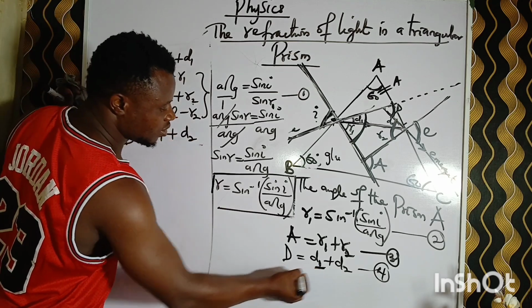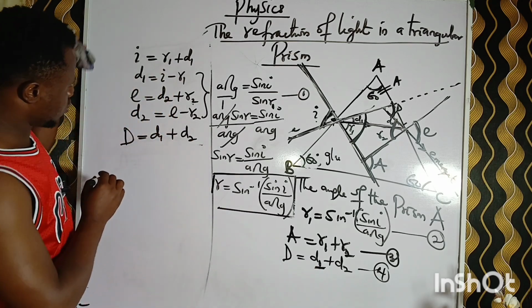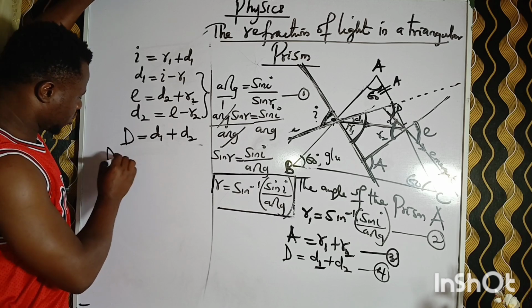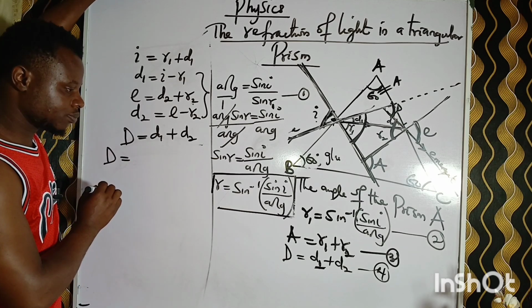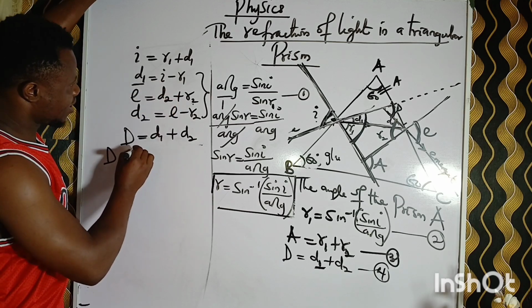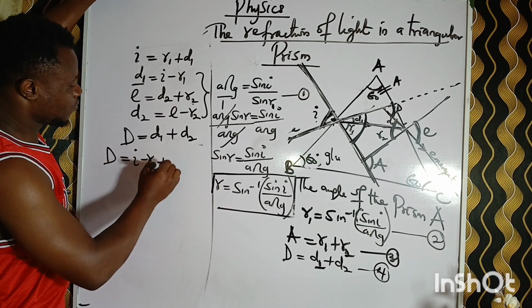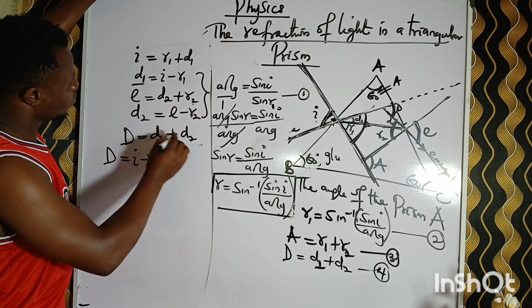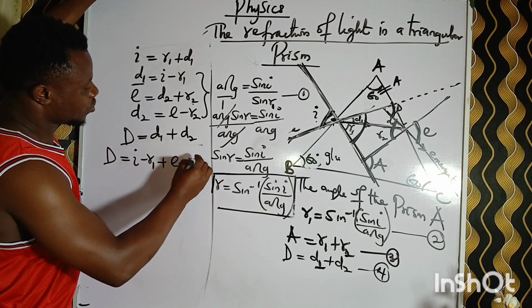And we have found this D1. So the deviation is now equal to D1, which is I minus R1, plus D2, which is E minus R2.